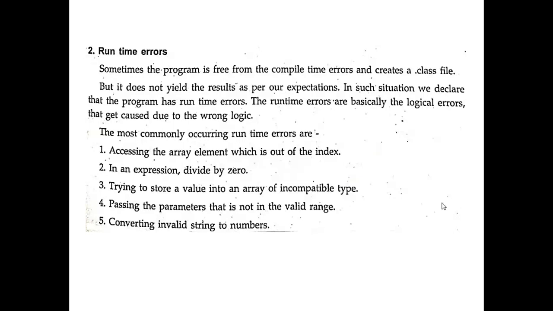The most commonly occurring runtime errors are accessing array elements which are out of the index, an expression divided by 0, trying to store a value into an array of incompatible type, passing parameters that are not in valid range, and converting an invalid string to numbers. These are some basic errors that can occur at runtime.